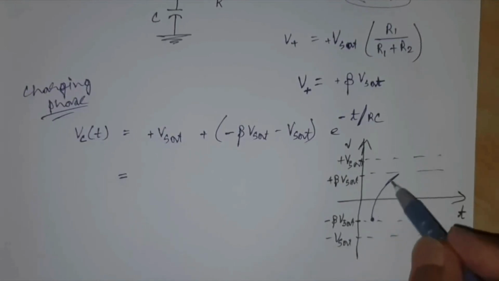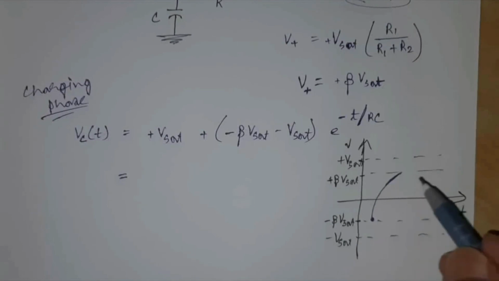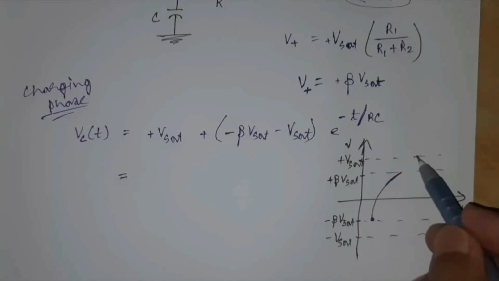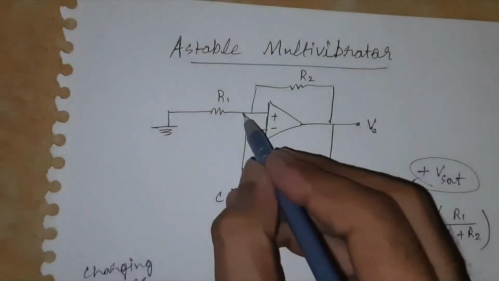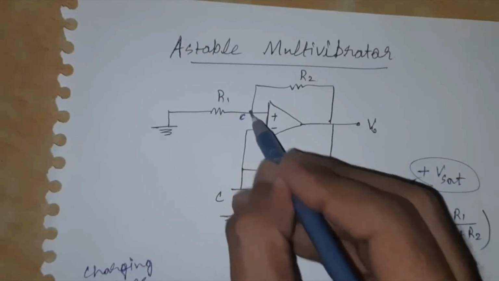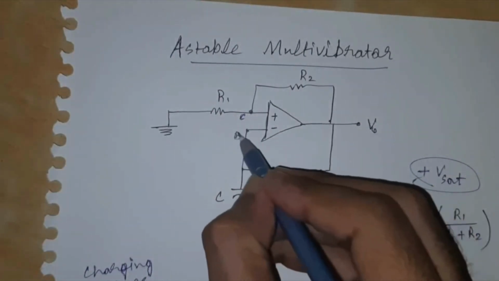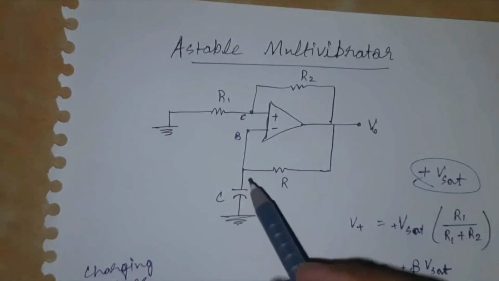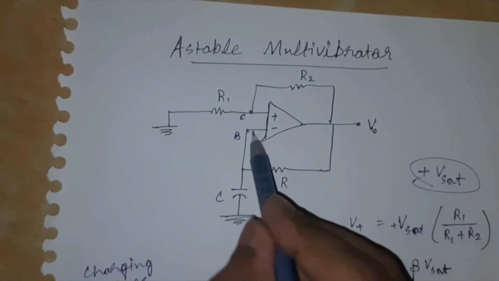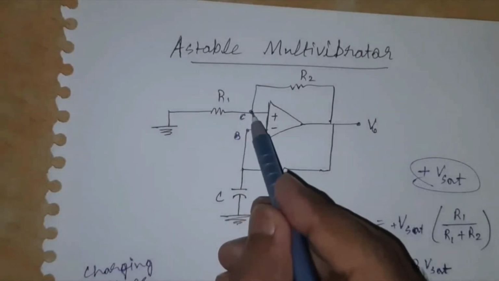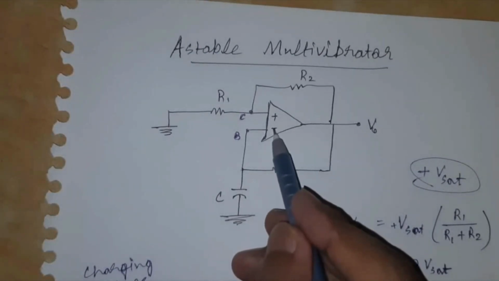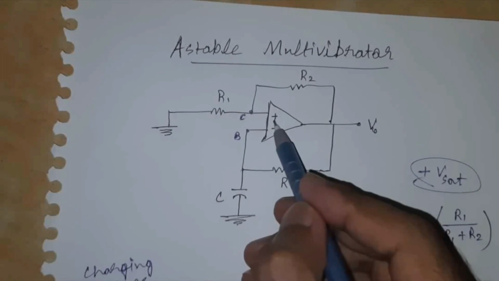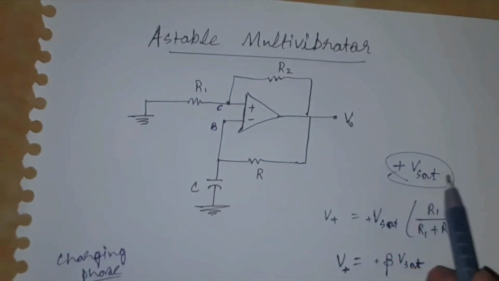It starts to charge from here, and if we leave the capacitor till infinite time, it will want to charge till this plus Vsat value, but it won't be able to reach there, because when, let it be point C, and let this be point B, this value crosses the potential of this level, I mean when this inverting terminal potential will be greater than this non-inverting terminal potential, the output will shift from plus Vsat to minus Vsat.